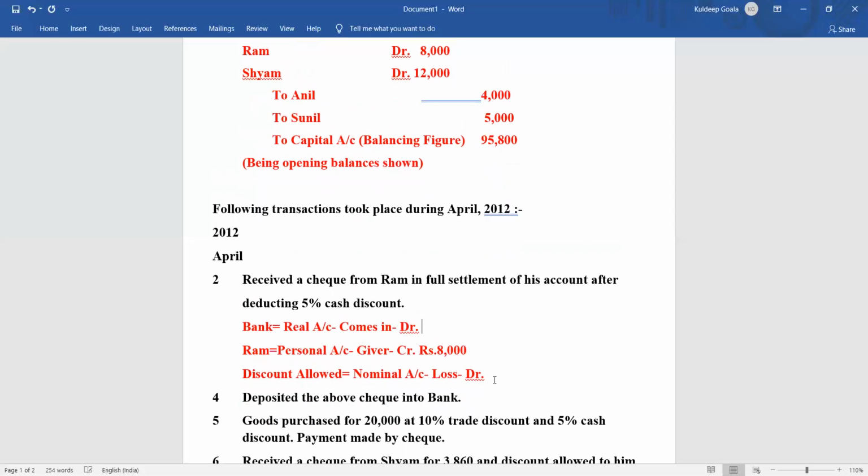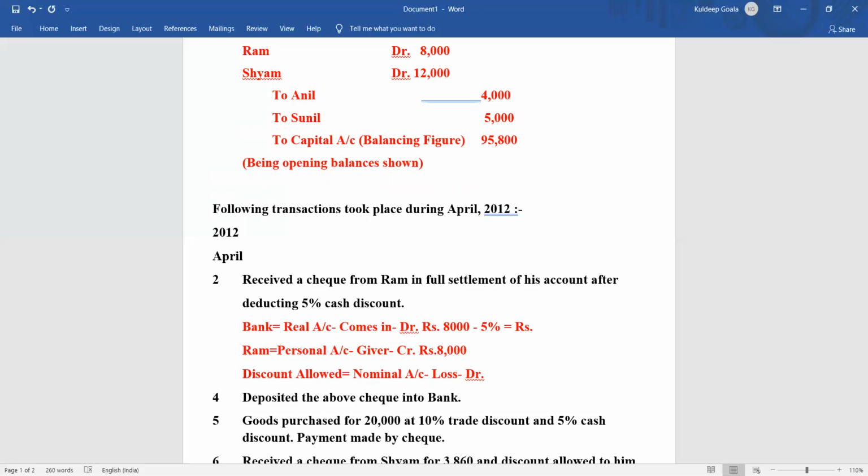And how much will we receive? We will receive 8,000 minus 5% trade discount, isn't it? So what is the 5% of 8,000? That we will have to find out. So we know that the 5% of 8,000, it is how much? 400, isn't it?